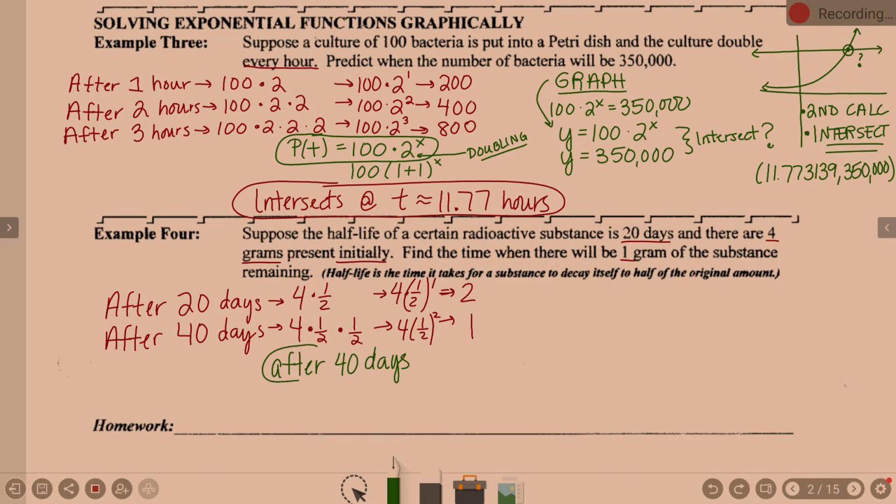Now, I can't remember exactly what's in homework, but I do want to talk real quick. What would have been my equation here?